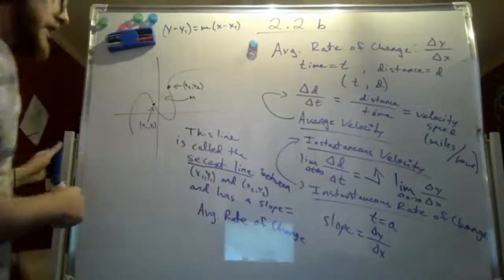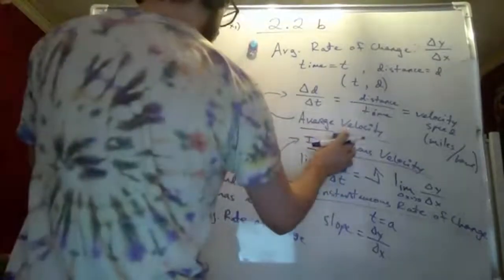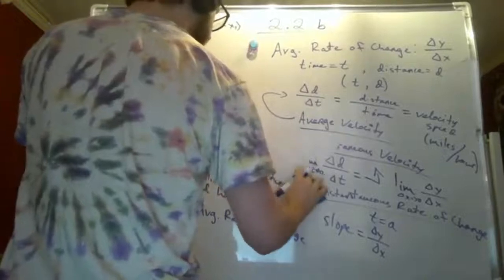And then the last vocabulary term for this section, we've talked about the secant line, but now we'd like to discuss the tangent line.